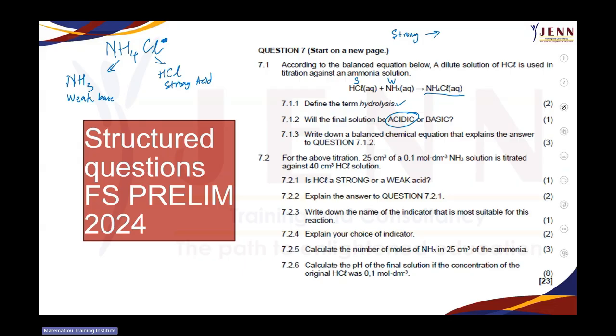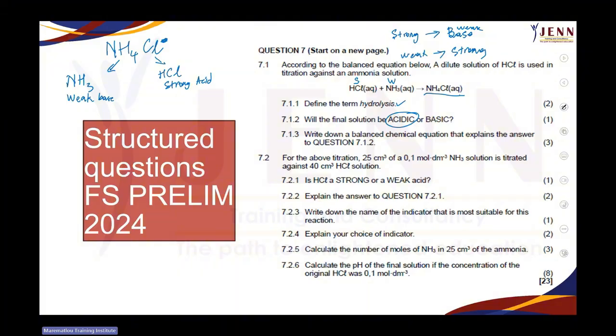So a strong acid will produce a weak base. Strong produces weak, and weak produces strong. That's what we must remember.